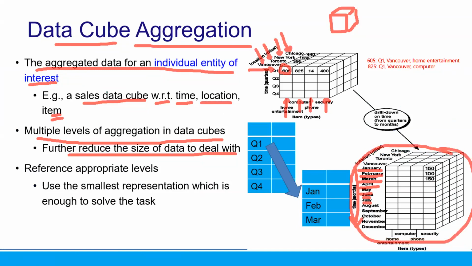Then I can aggregate it. January, February, and March, we can call Q1. So it means I can reduce 3 data into 1 data, which is Q1.